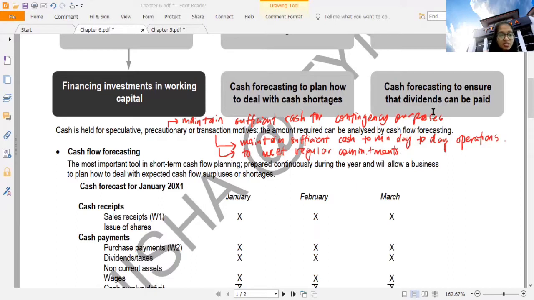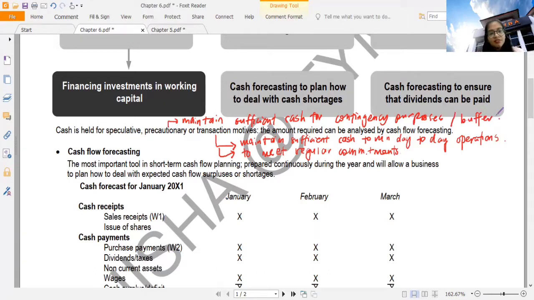So you need to have the cash to go to your supplier and purchase that 100 inventory. So that is keeping cash for contingency purposes. The finance term that you can use for precautionary motive or for contingency is called buffer. So you need to have buffer cash in your organization.